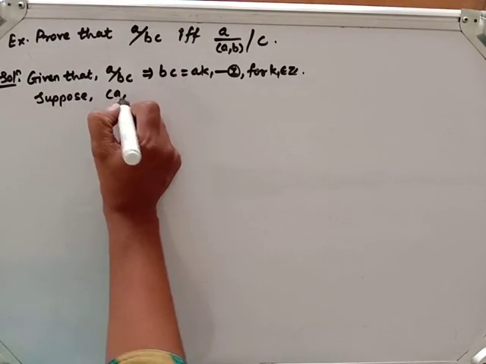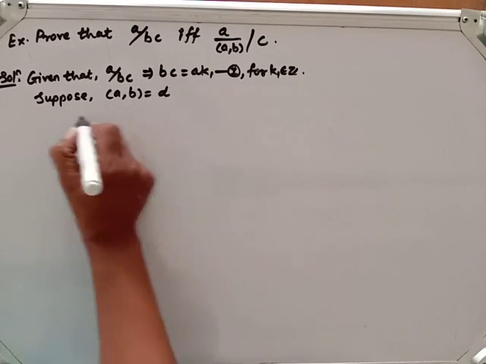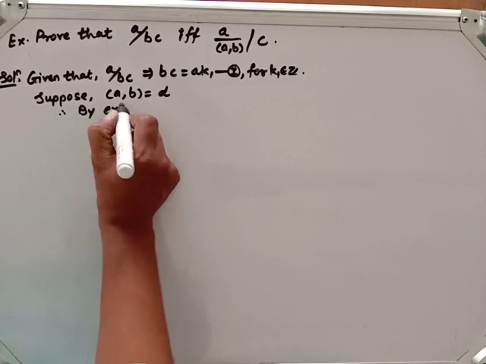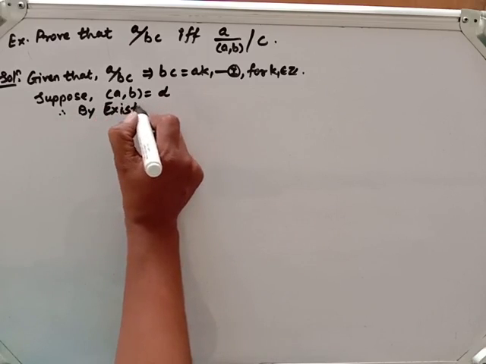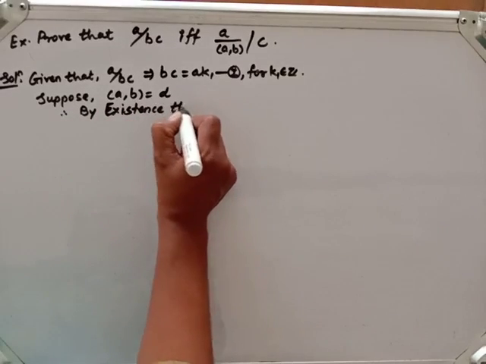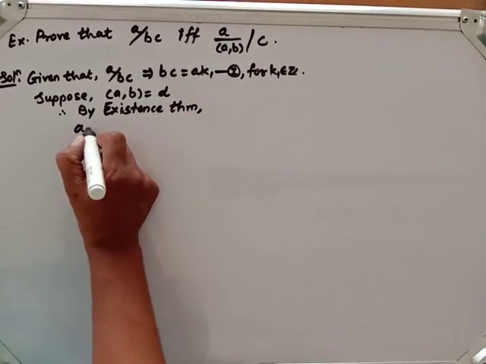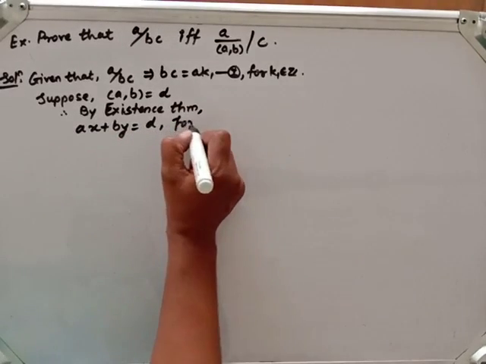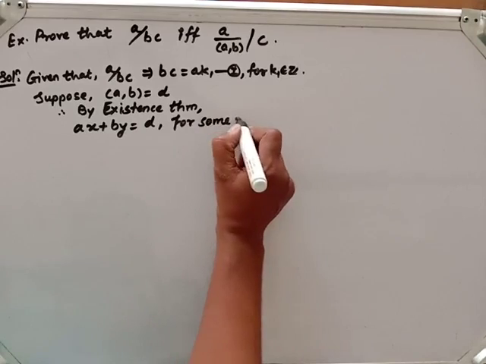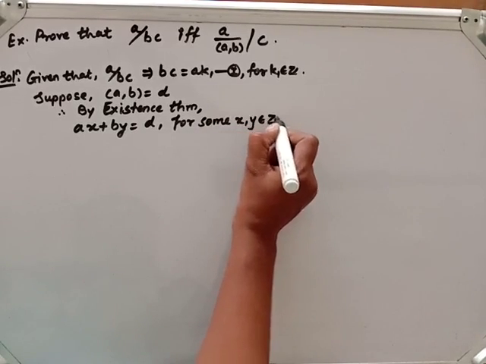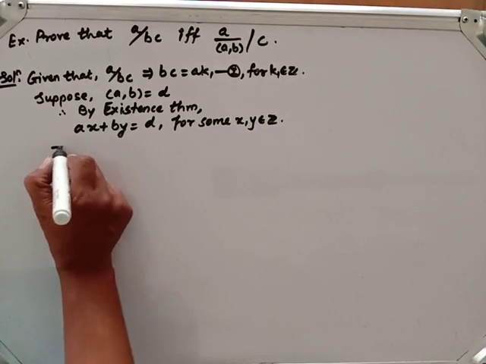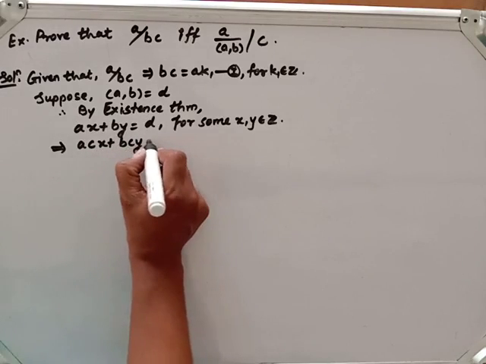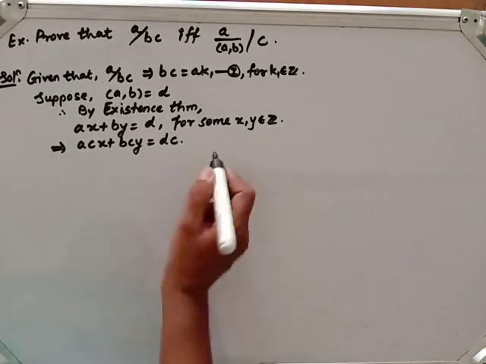Fine. Now suppose the GCD of A and B is equal to D. Therefore by existence theorem, ax plus by is equal to D, for some x, y belonging to Z. So this gives acx plus bcy is equal to dc.